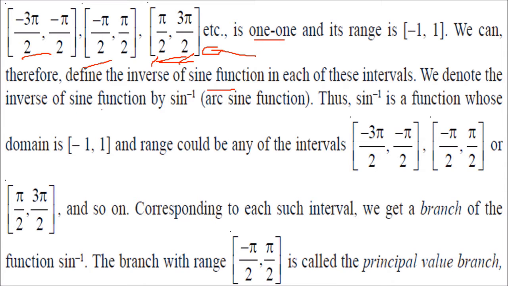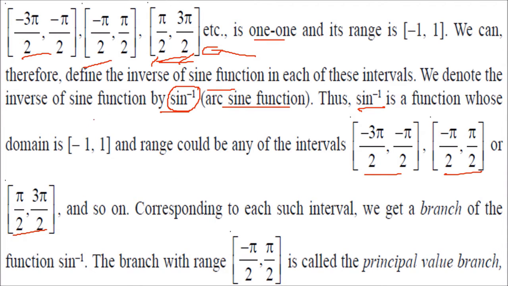We denote the inverse of the sine function by sine inverse. We also call it the arc sine function. This sine inverse is a function whose domain is -1 to 1, and the range could be any of these intervals.